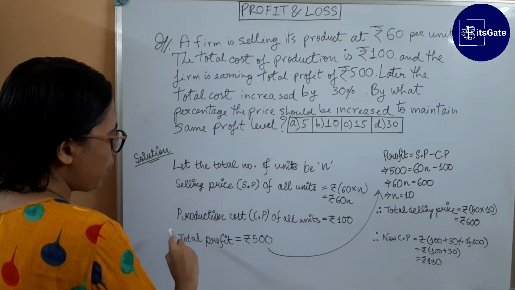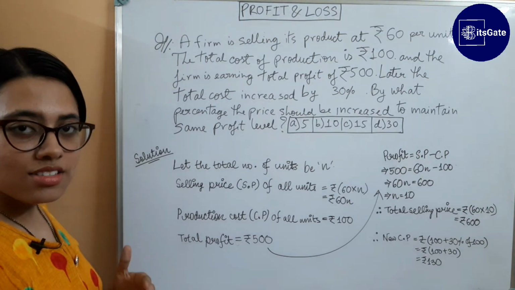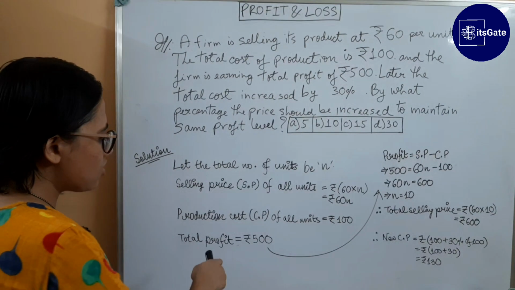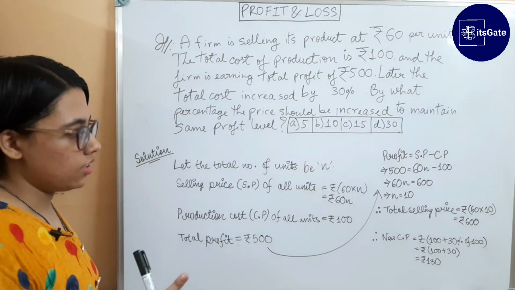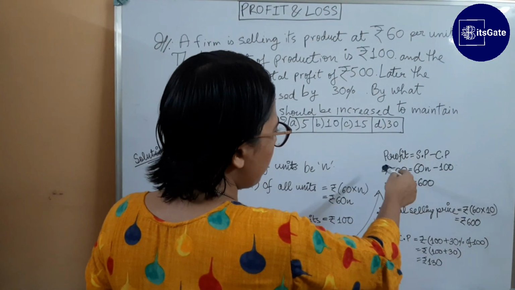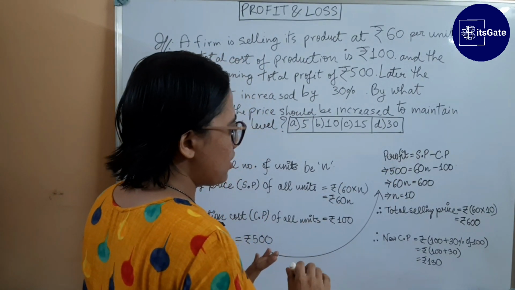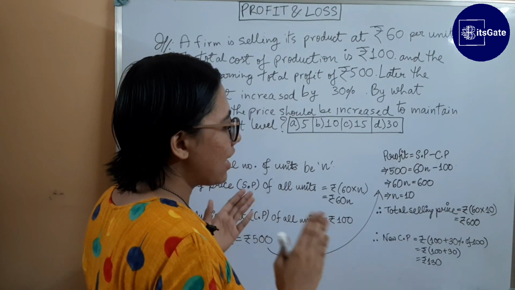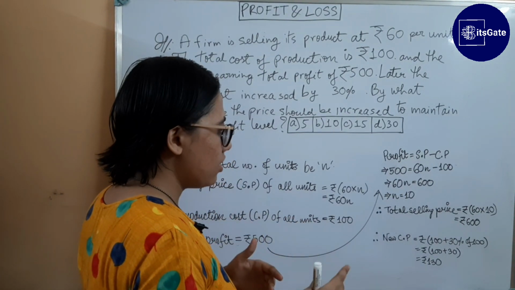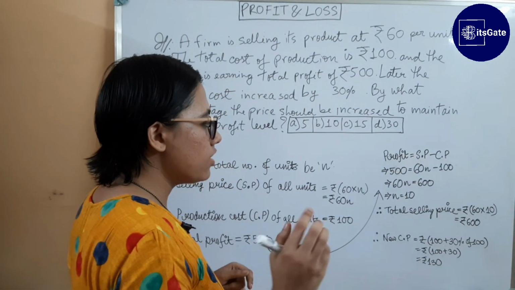Now we are given the production cost or the cost price of all the units together as rupees 100, and the total profit, which is the selling price of a product minus the cost price of the product, as rupees 500 for all the units sold, not for one unit. Now here we know that total profit, that is profit made by selling all the units, is equal to selling price of all units together minus cost price or the production cost of all units together.